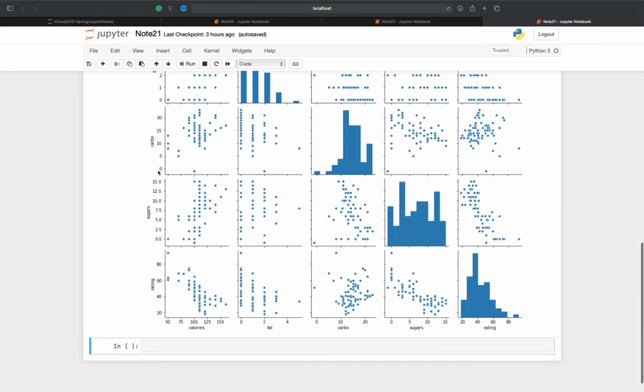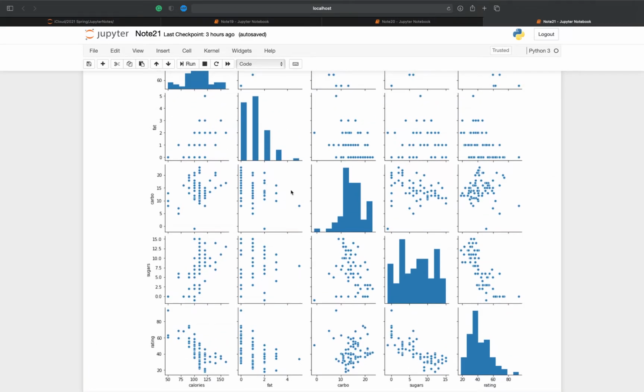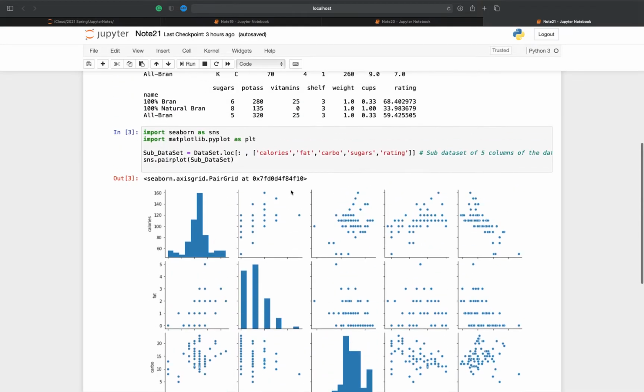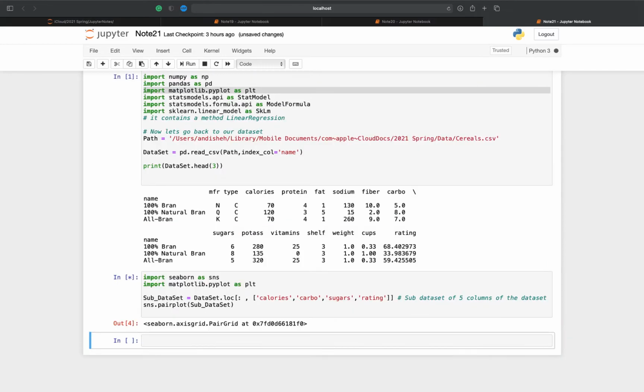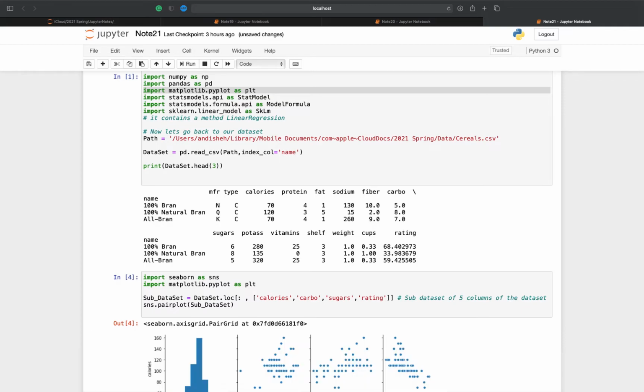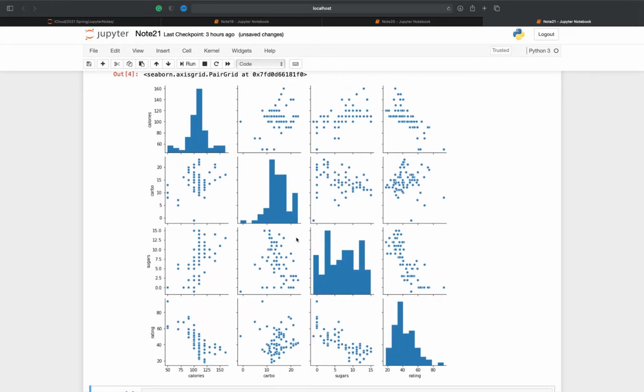Okay, so what we have here, I'm going to remove fat to have a smaller matrix so you can see everything better, hopefully. Yes, here it is. Okay, so let's see. Calorie versus rating.